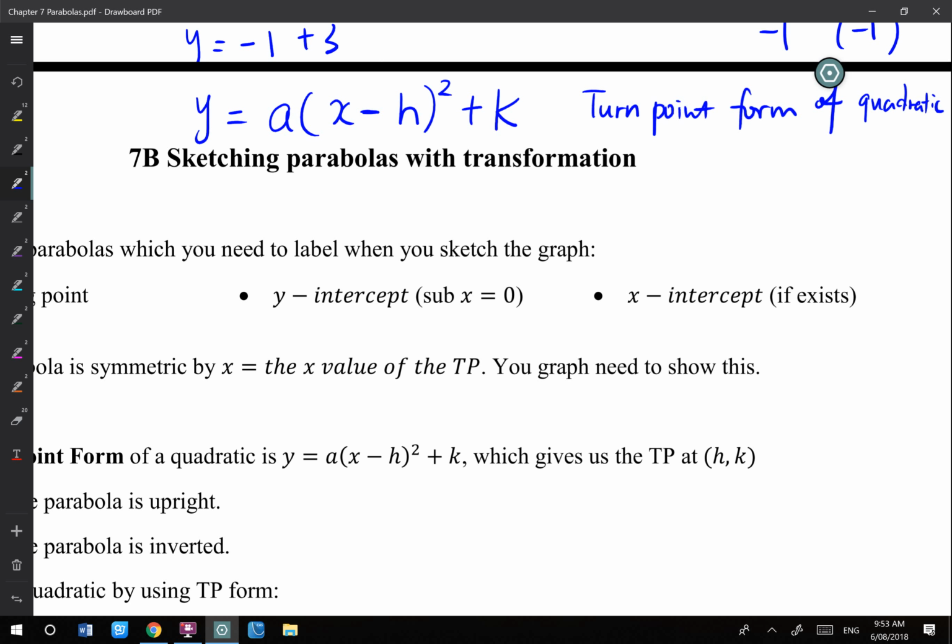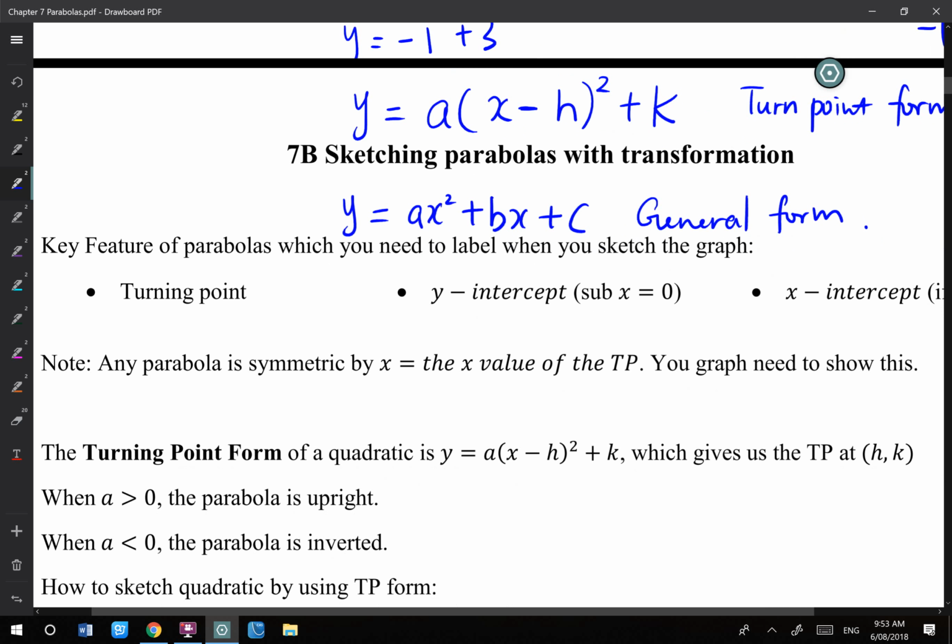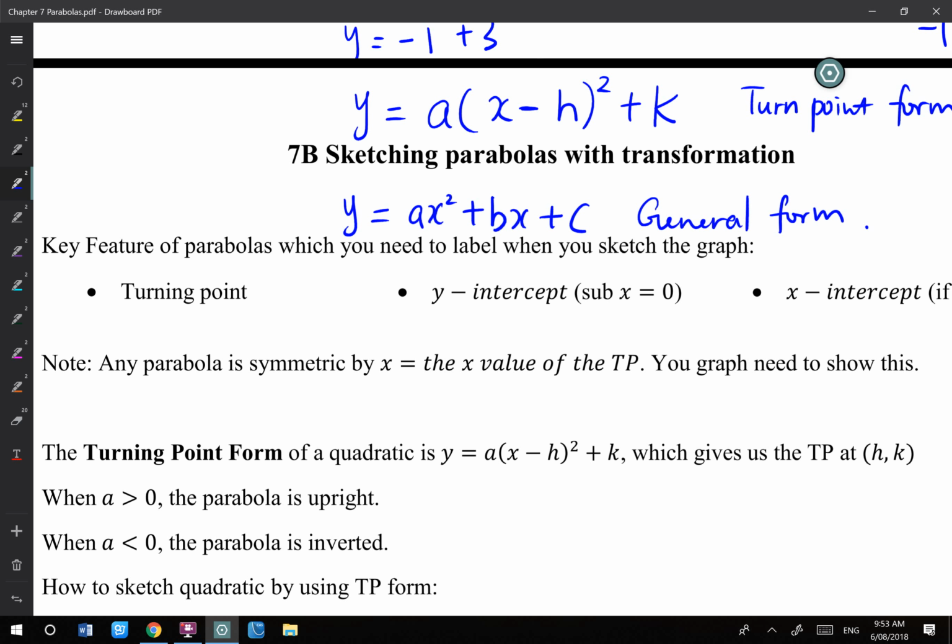I'll introduce the first 2 today. This is called the turning point form. And also we have ax squared plus bx plus c. This is called the general form, it's just the expanding form.